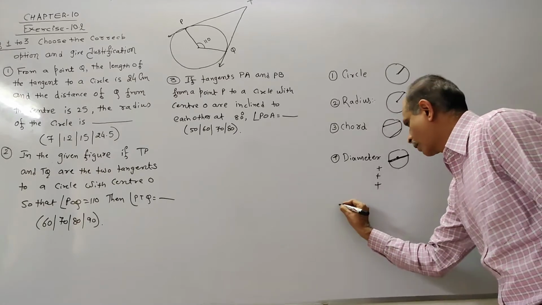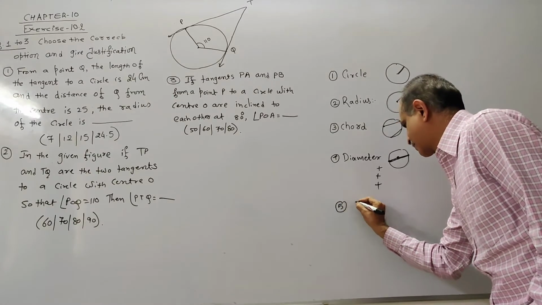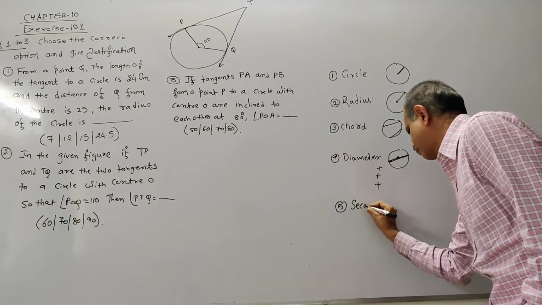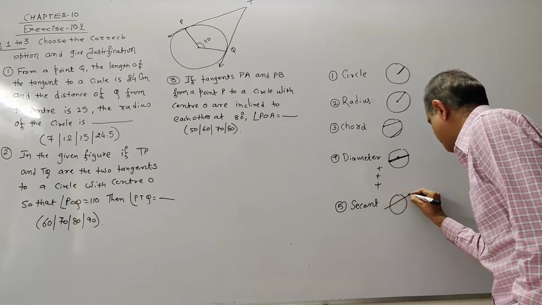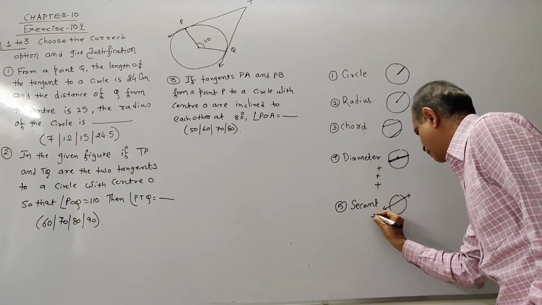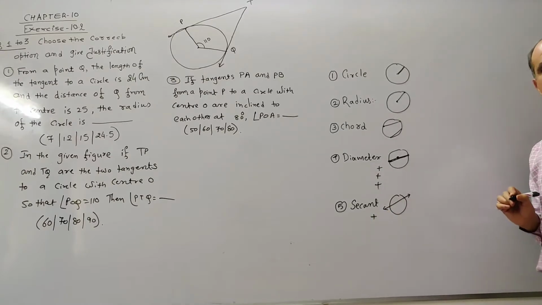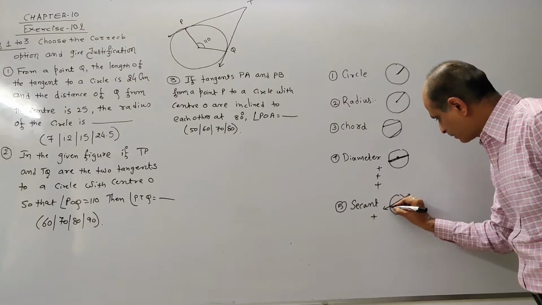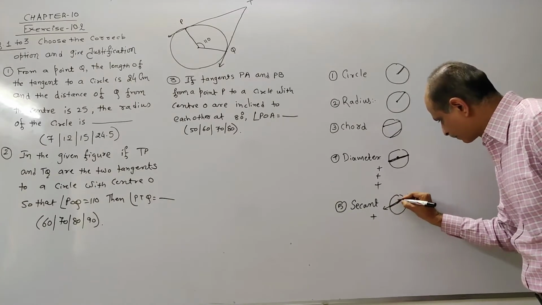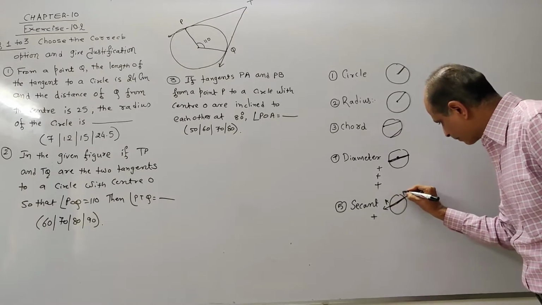Well, friends, we have also discussed the fifth concept, that is secant. A line which intersects the circle in two distinct points is known as a secant, and another definition is a line containing a chord of a circle. This AB is a chord.